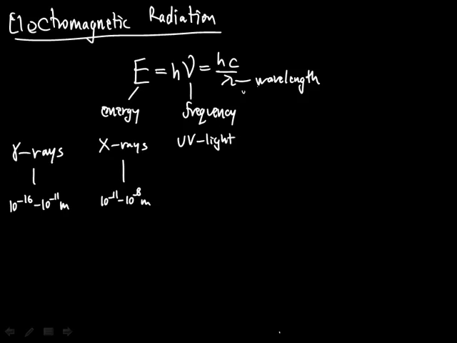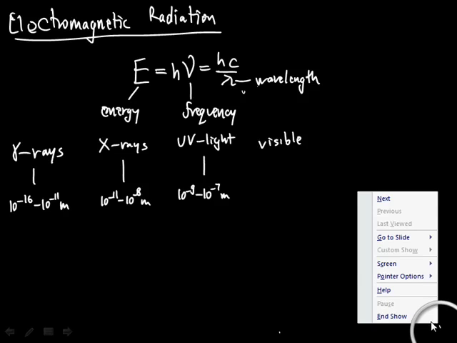This is ultraviolet light, 10 to the minus 9 to 10 to the minus 7 meters. Ultraviolet means that it's above violet, which means that within the visible spectrum, which is the next type of electromagnetic radiation that follows, the violet light has the highest energy.